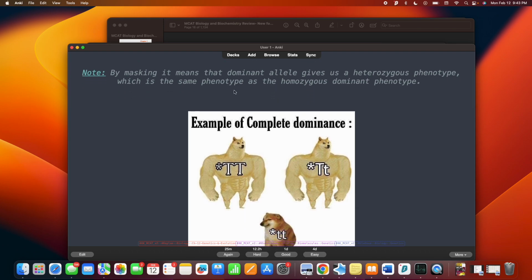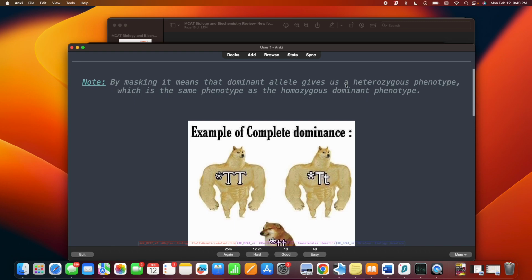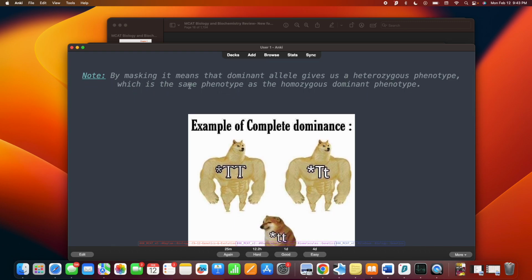By masking, it means the dominant allele gives a heterozygous phenotype that is the same as the homozygous dominant phenotype.